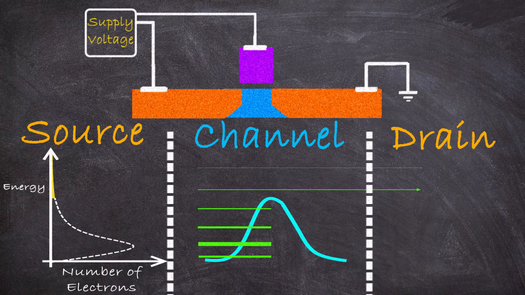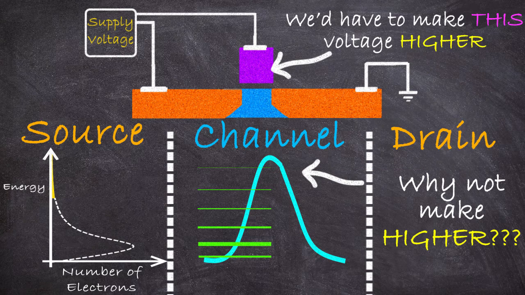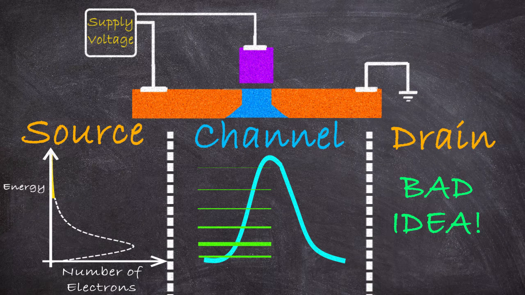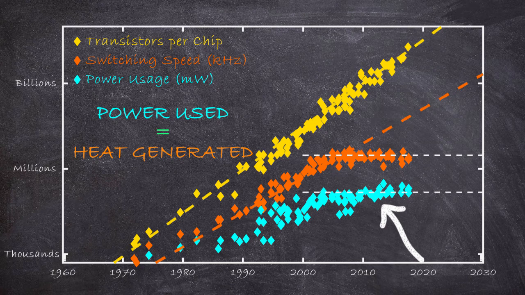To see why, let's revisit this question of why we don't make this potential barrier as high as possible. Well, we now understand that if we wanted to do that, we'd have to make the gate voltage as high as possible. This would be bad, and it's because of power consumption and heat dissipation. Remember when we said that we're at a wall with heat extraction? We can't cool chips any faster, so we can't have chips use any more power because power consumed equals heat generated.